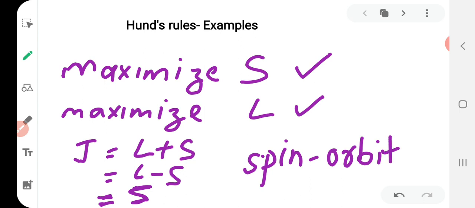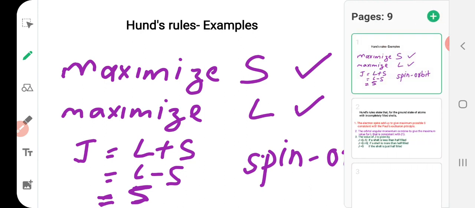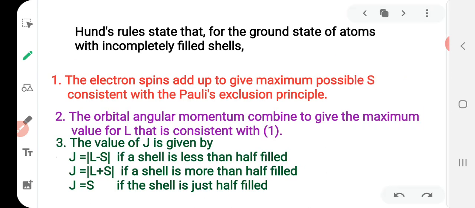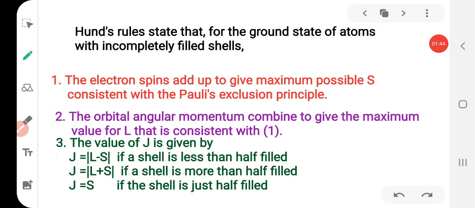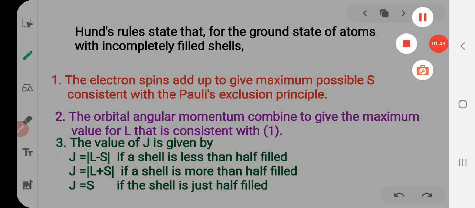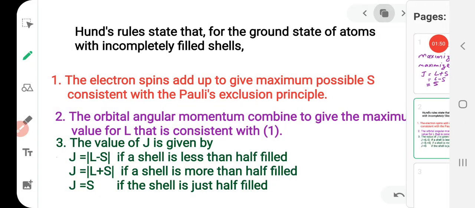So the spin orbit interaction is also reduced by selecting these J values, and this also reduces the energy. So these were Hund's rules, three rules. The first rule was to maximize S, the second rule was to maximize L, and the third rule was to find J according to these three conditions.